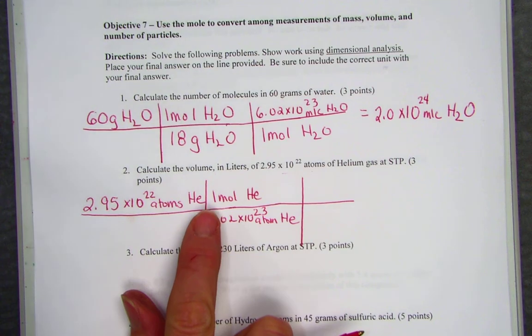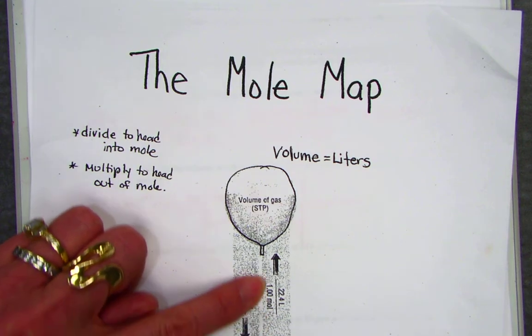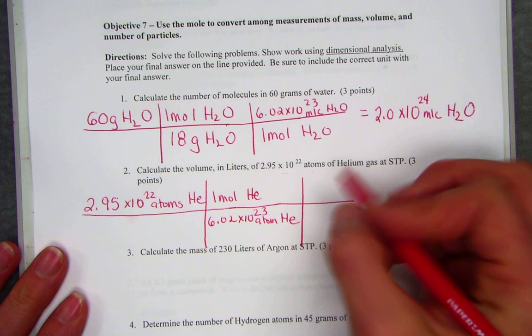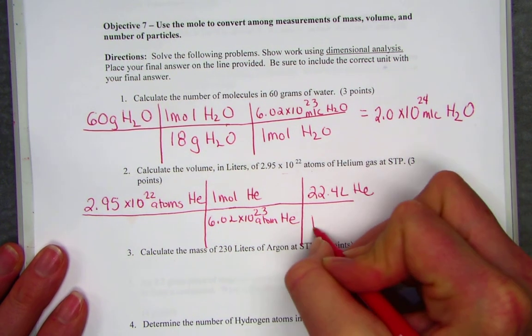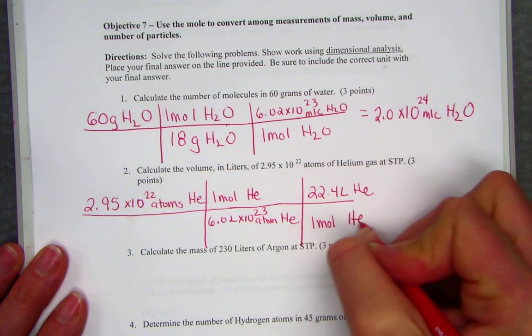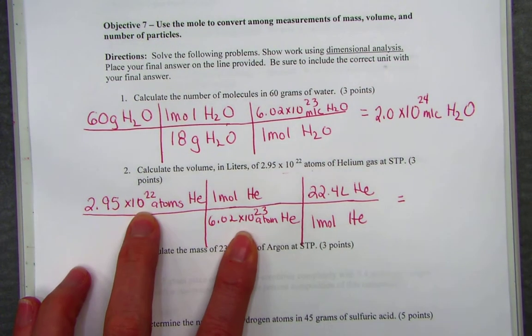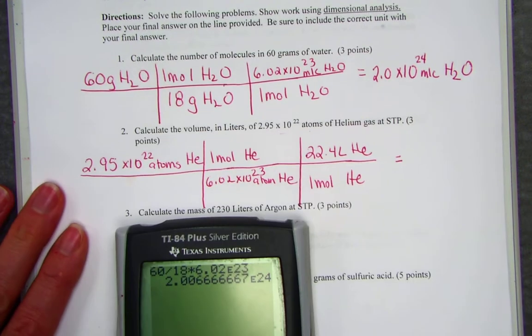We're in the heartland of our mole map, the mole unit. To head north to volume from the mole, we see the arrow bringing us up. We use the molar volume value of 22.4 liters. There are 22.4 liters of helium in every 1 mole of helium. Step 1 cancels atoms, step 2 cancels moles, and now we've landed at the volume of helium.